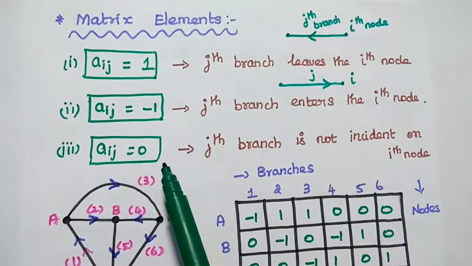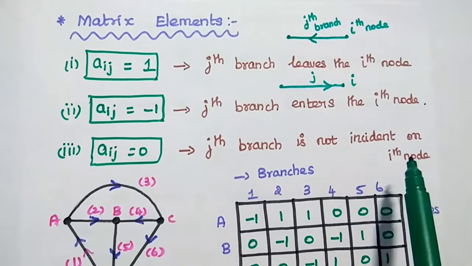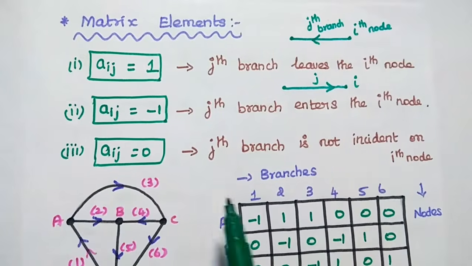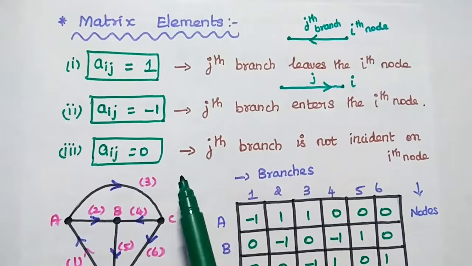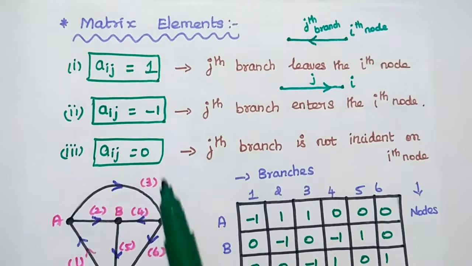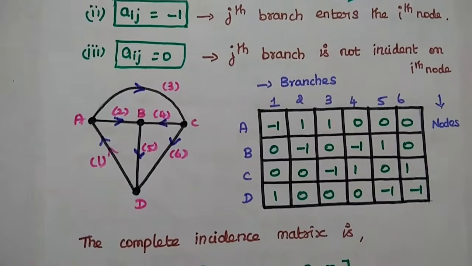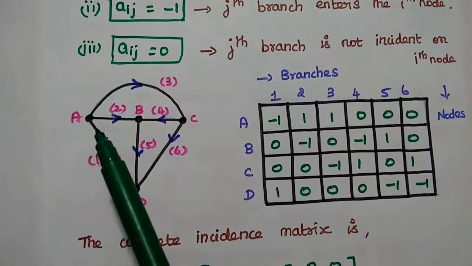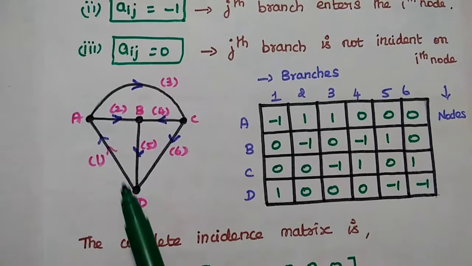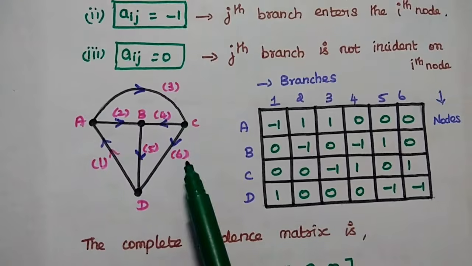Aij is equal to 0. That means the jth branch is not incident on that ith node. Do you all understand? If there is no connection between that branch and that node, then we can simply put 0. So next we can consider the oriented graph with 4 nodes A, B, C and D and 6 branches 1, 2, 3, 4, 5, 6.